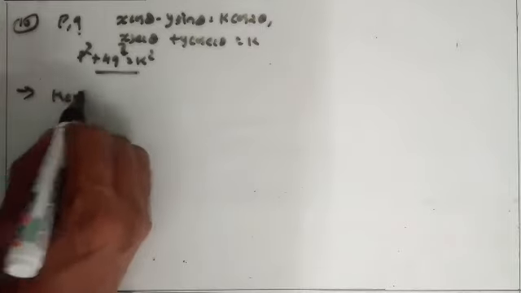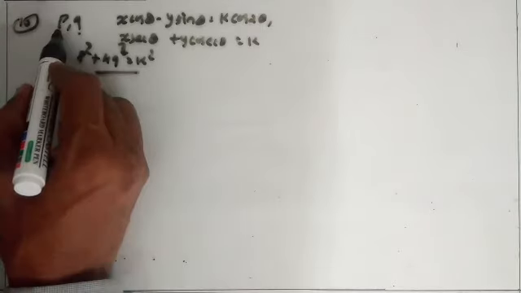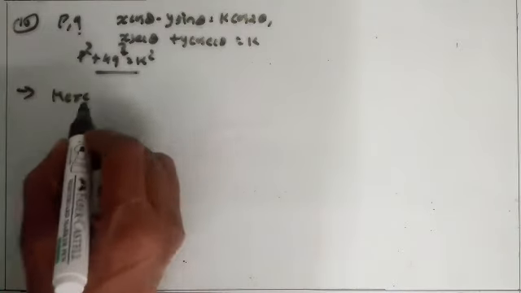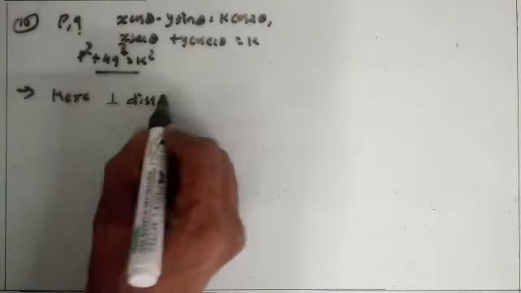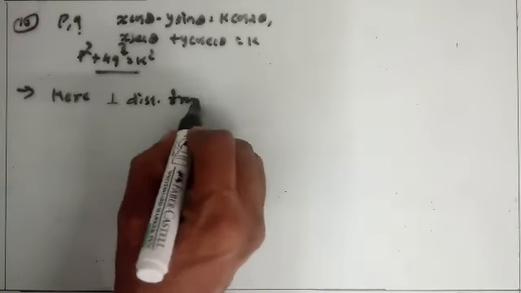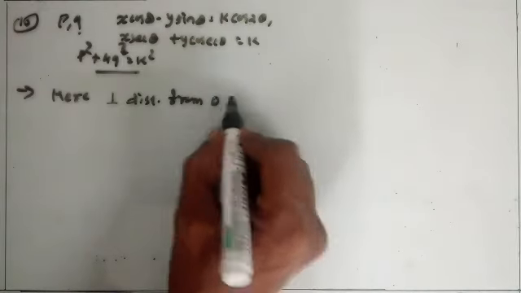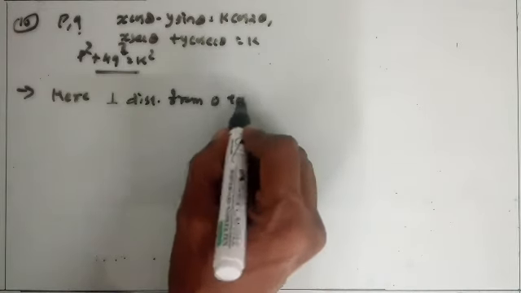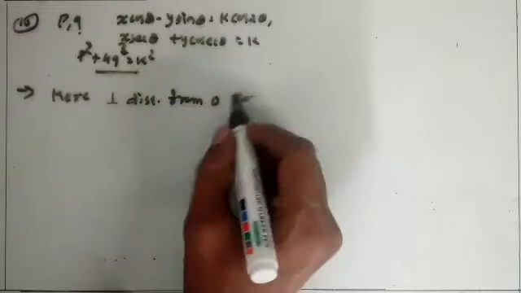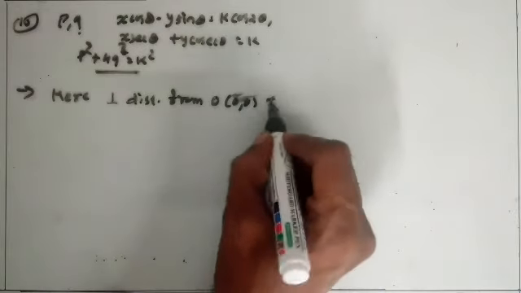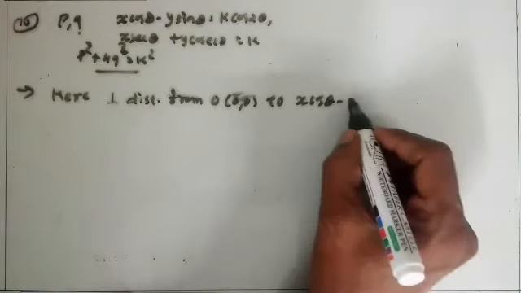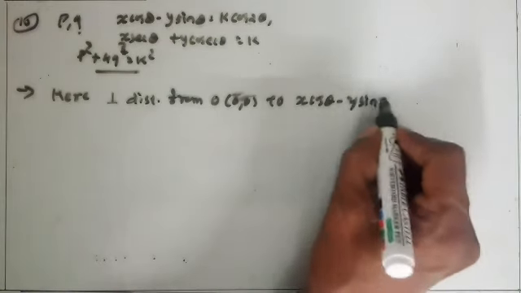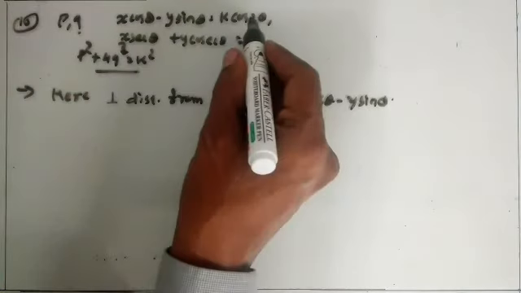Here p is the perpendicular distance from the origin to this line. Perpendicular distance from the origin (0, 0) to x cos theta minus y sin theta equals k cos 2 theta.